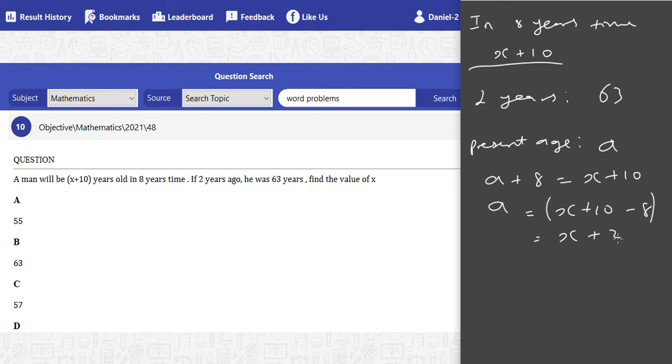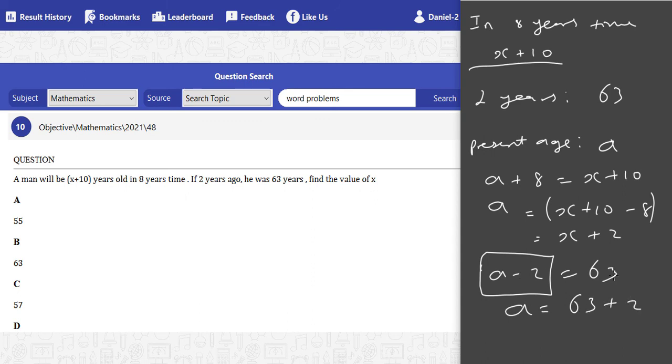Now let's look at the second information. The second information is 2 years ago. What is 2 years ago? It means his age minus 2. We are told that 2 years ago, his age was equal to 63. So which means we can clearly say that his present age is 63 plus 2.